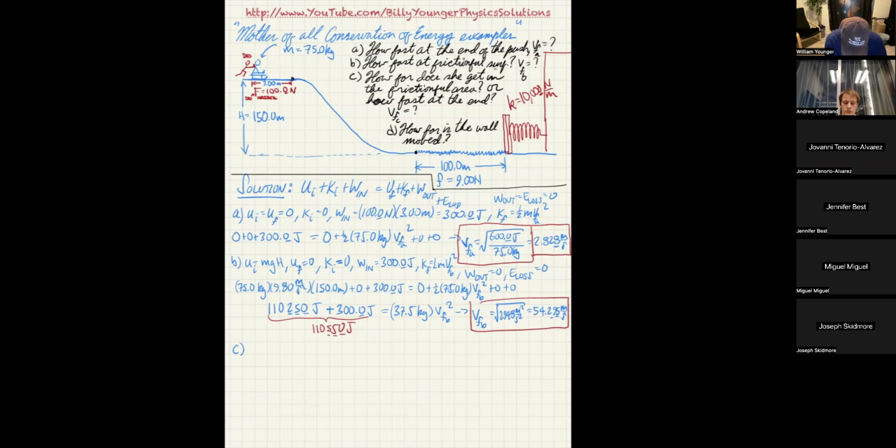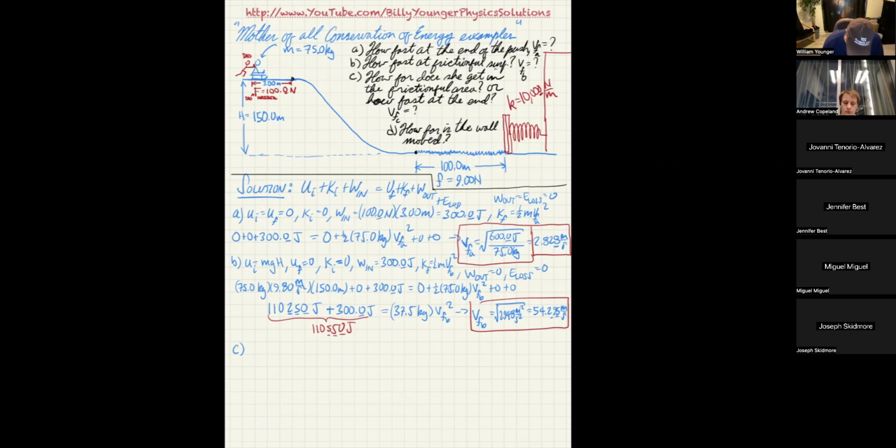Okay. So what we can see is the energy we have going into the frictionful area is 110,550 joules. I can calculate how much work it takes to completely cross that 100 meters. I can start my conservation of energy at the black dot just to the left of the frictionful area.